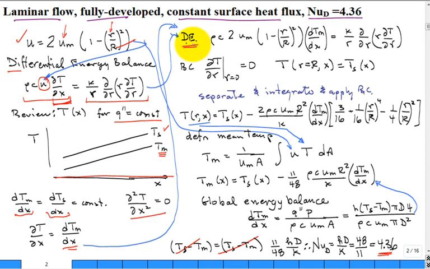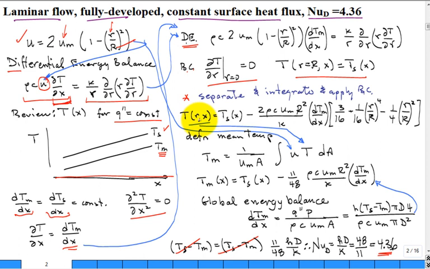Second derivative with respect to r has 2 boundary conditions: symmetry and some specified temperature, which is a function of x at the wall. So you do this, and there's a few steps right there. Separate and integrate twice, and apply your boundary conditions. And that's what you get.